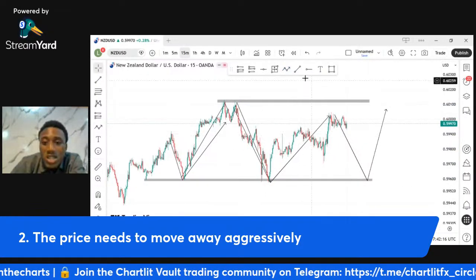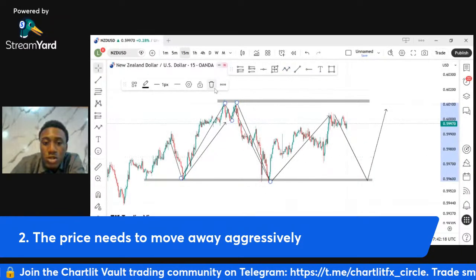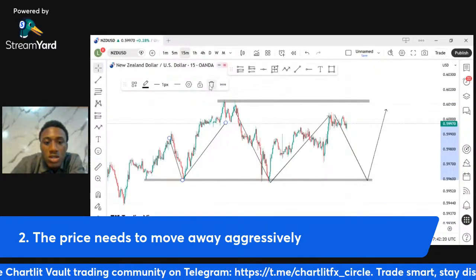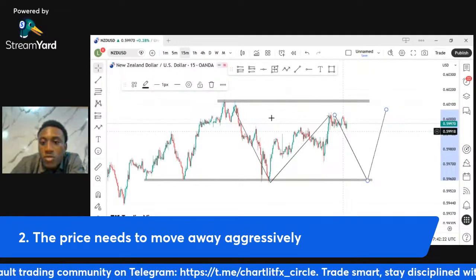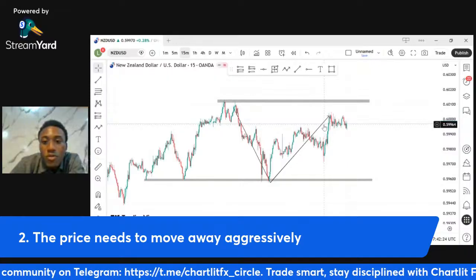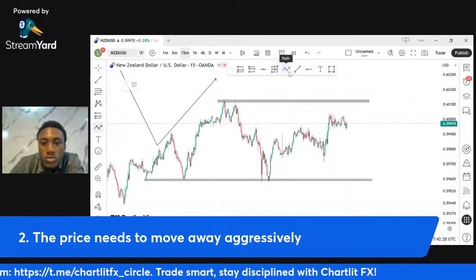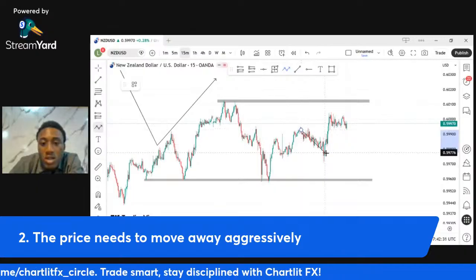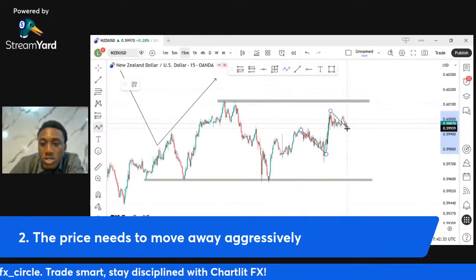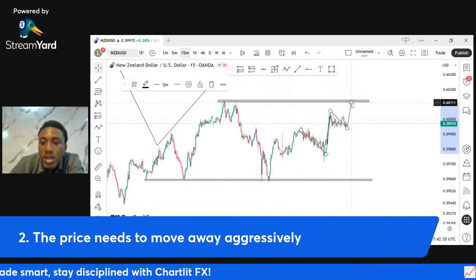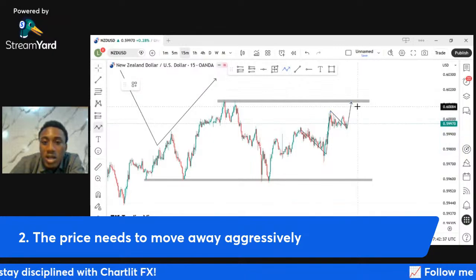So in the near future, let me take a look at drawings so that you don't get confused, because people get confused when there's too many things on the chart. Okay. So in the near future, if price comes back here, does this, comes back here to react, we might either see one of two things.